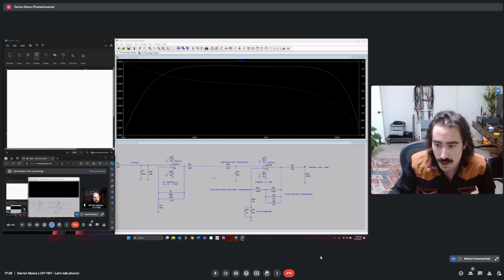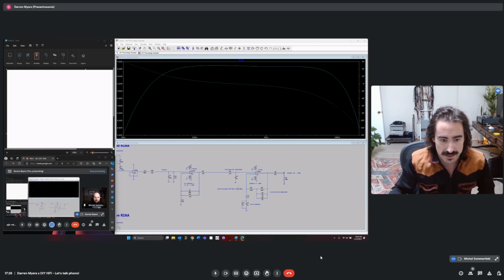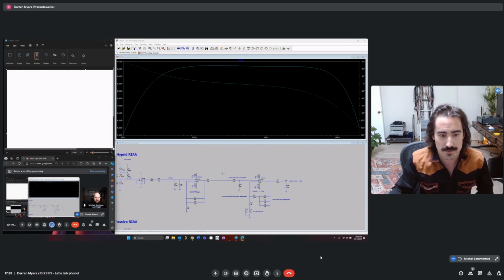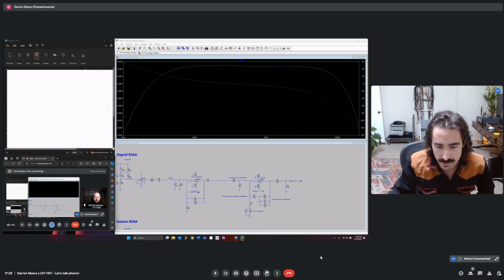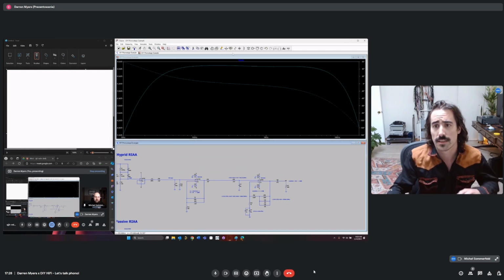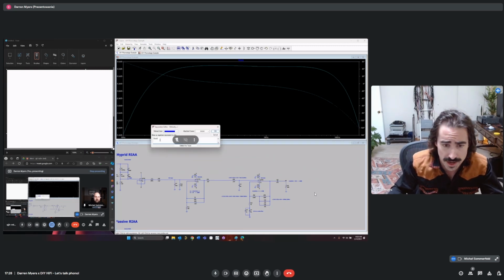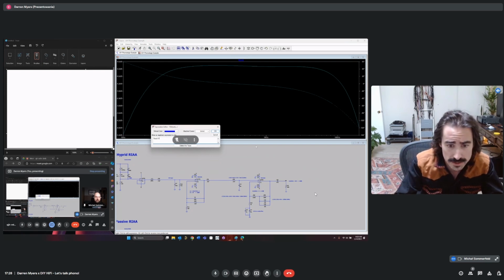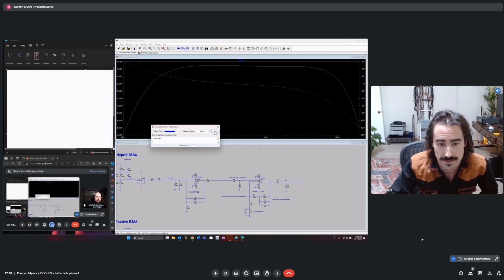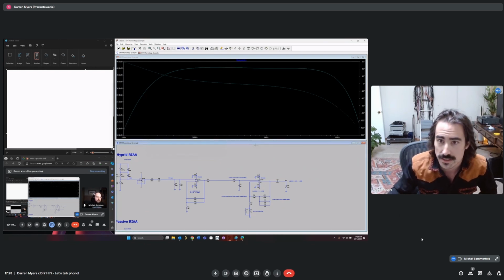Okay, so let's zoom out here. Hybrid RIAA, we've described how that operates. Our output here, we could create a formula and say V out divided by V in, which is the definition of our gain transfer function.